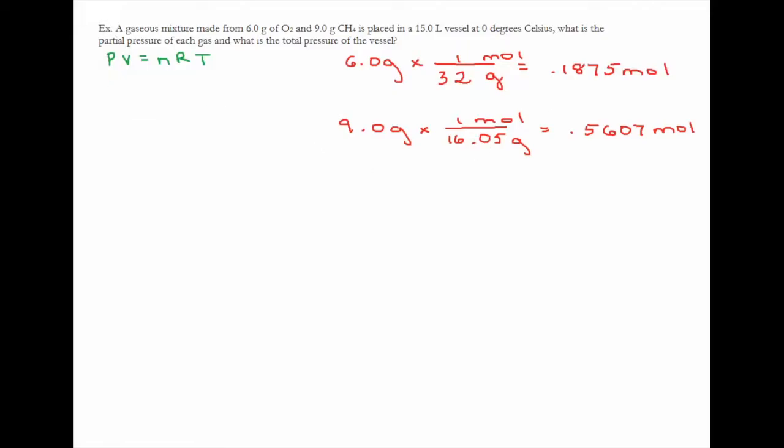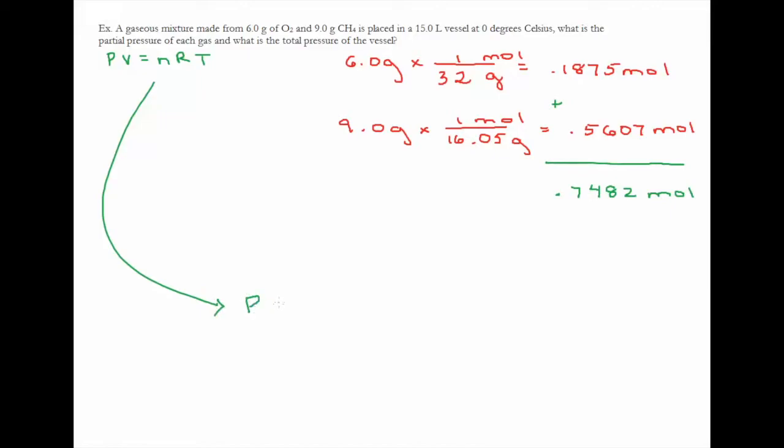What I'm going to do instead, just to show you how versatile gases are, what I can actually do with these 2 numbers of moles, I can just add them together. And so if I add them together, the total number of moles would be 0.7482 moles. And so what I'm going to do right now, I'm going to plug that into my ideal gas equation to solve for pressure.